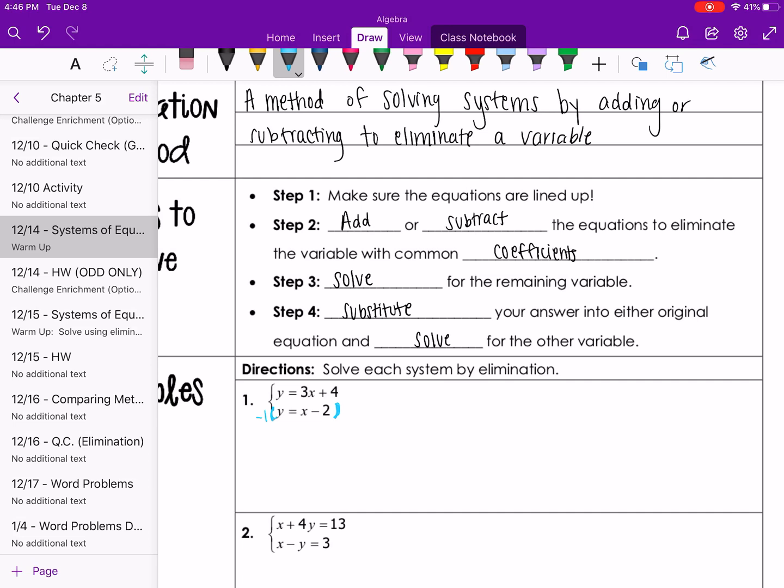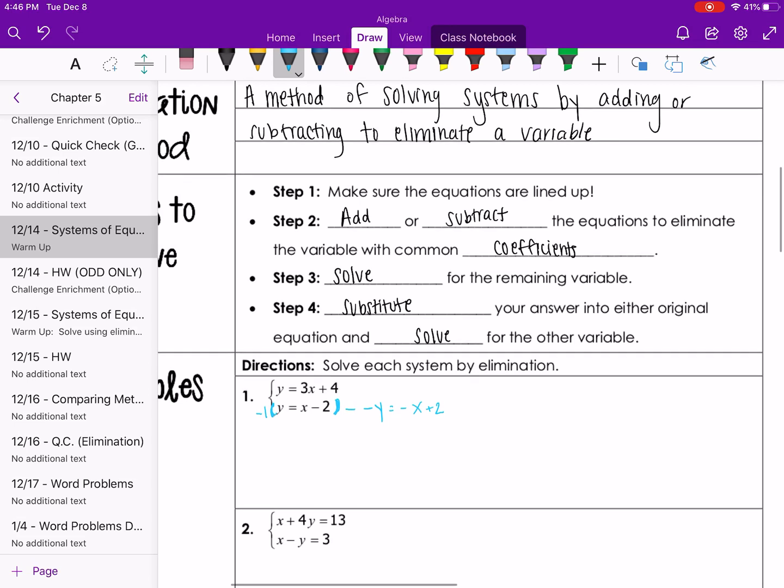That way now this is negative y, negative x, and that negative 2 turns into a positive 2. Because remember, I can do whatever I want to an equation as long as I do it to both sides. So if I make that y a negative, I need to multiply the other side by a negative 1 as well, changing the sign for everything. So that's what I did to the second one, and there was a reason I did that.